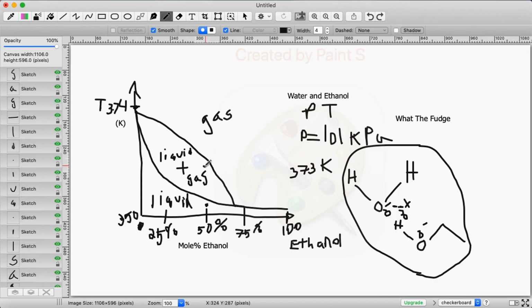Well, now we're at the point where the interaction exists partially as a liquid and partially as a gas. Now if we were to increase temperature further, we'd end up here, and this is all happening at 101 kPa. If we increase temperature further, it all exists as a gas.